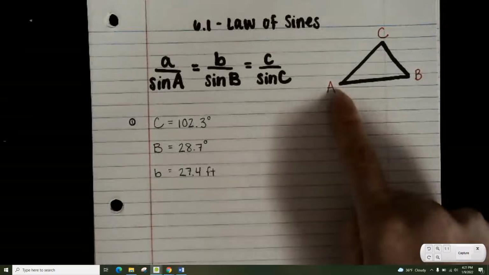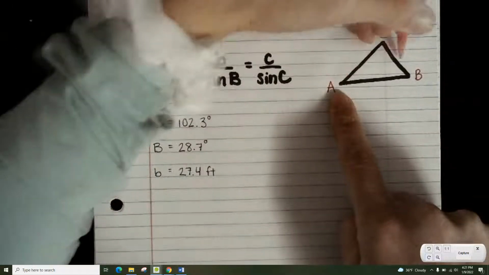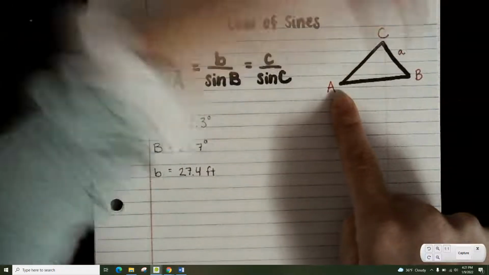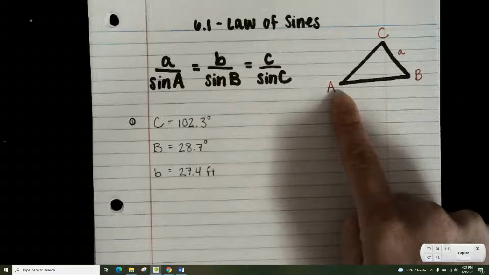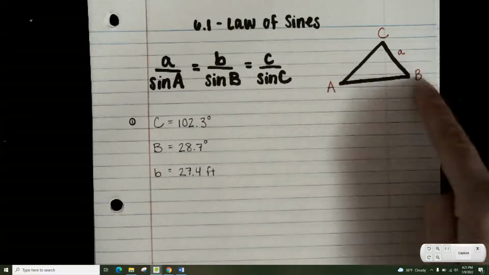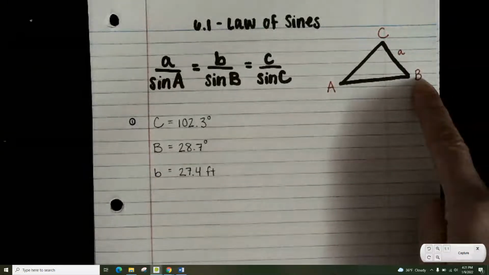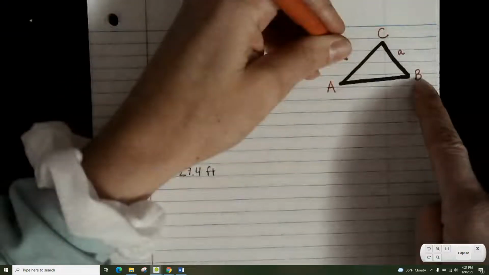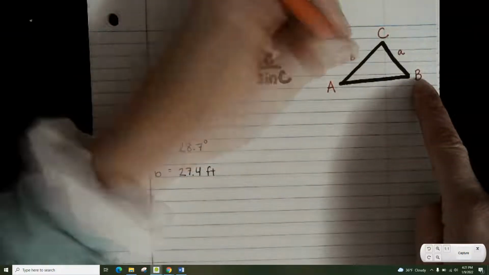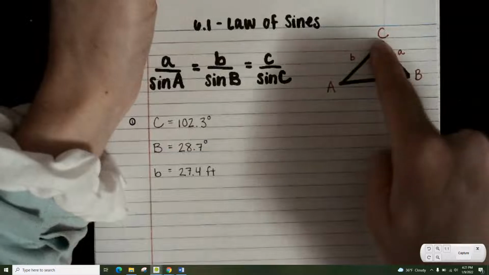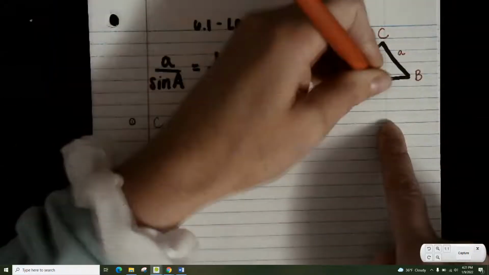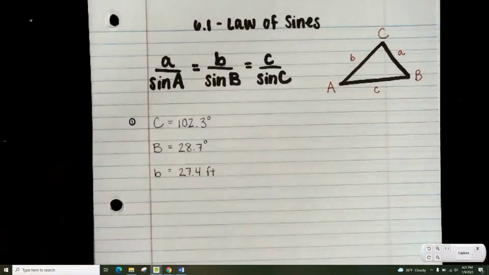So here's angle A. Across from it is side a. Notice the side has the lowercase. Here is angle B, across from it is side length b. Angle C, across from it, side length c.